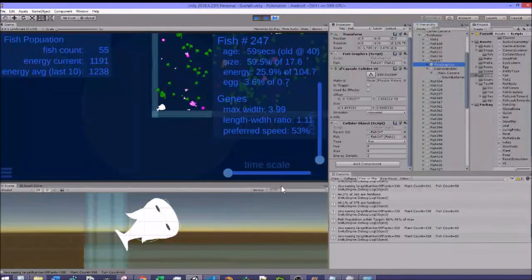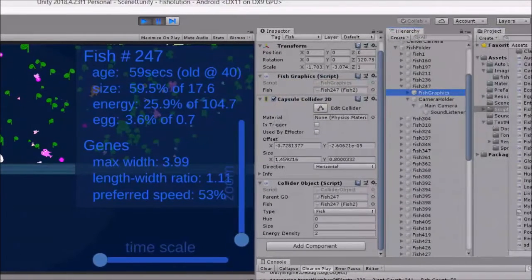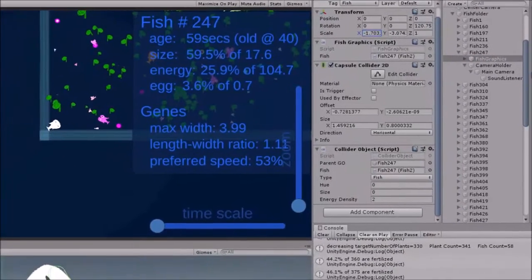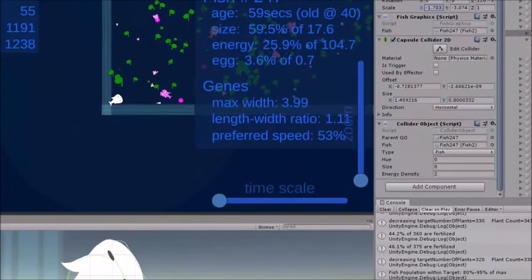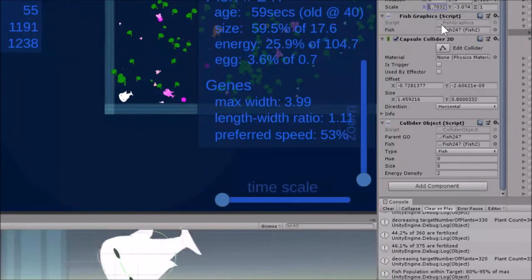If I change his scale values here, I don't know if you guys can see this or not. Let me zoom in a little bit here. You'll see his scale values are negative. So let's see what happens if I just flip them to positive values, and see if he'll flip around. Oh, look at that!